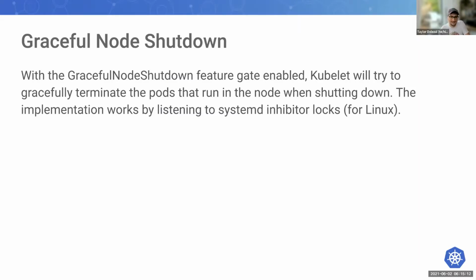Graceful Node Shutdown also graduated to beta in this release, and it's going to be available to a much larger group of users. Like we talked about before, with alpha, beta, and stable classifications of these features, when things enter into alpha, people can be a little bit hesitant to start using that feature, and it's not a guarantee it will move into beta or stable.